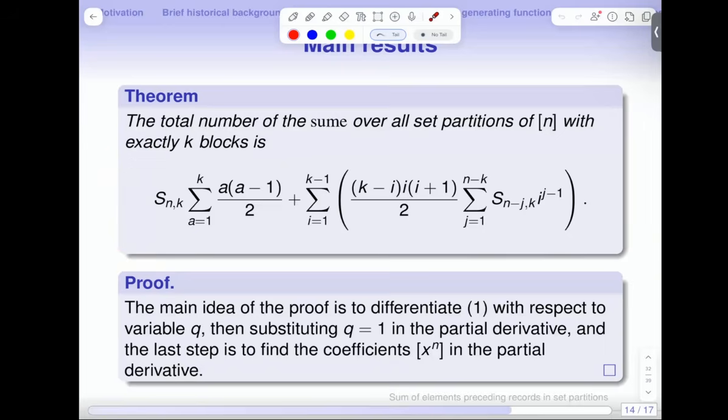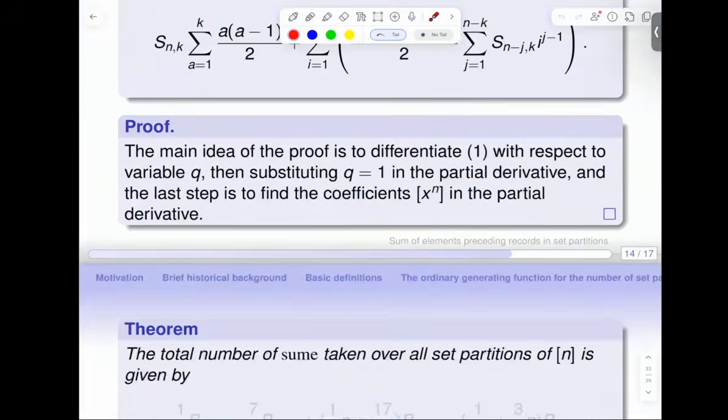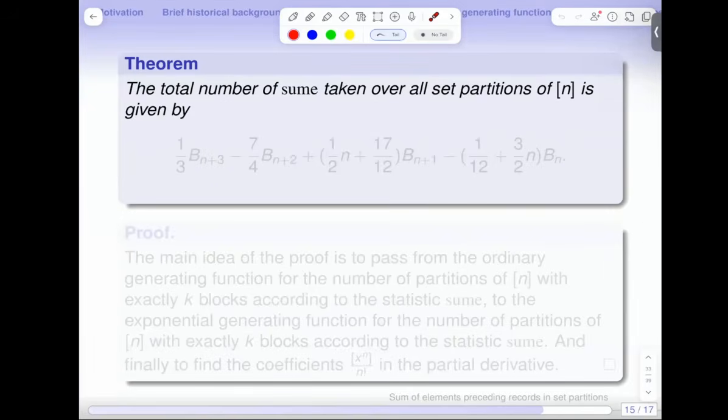However, we were not able to obtain a nice formula in this way. So instead, we use the ordinary generating function that we have already derived, and convert it into the corresponding exponential generating function.